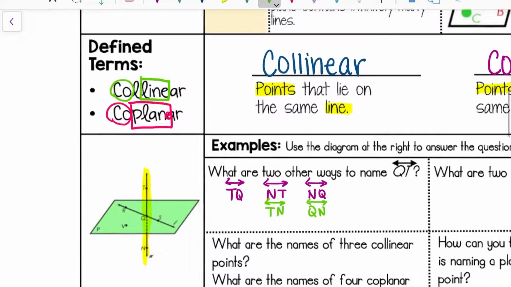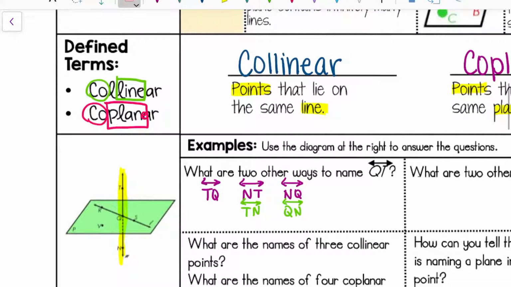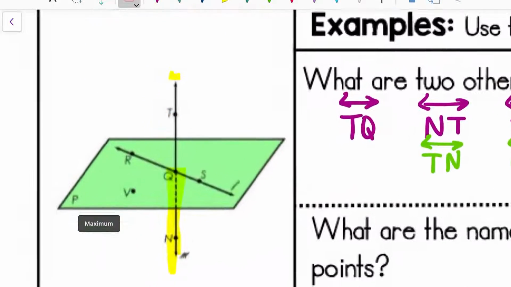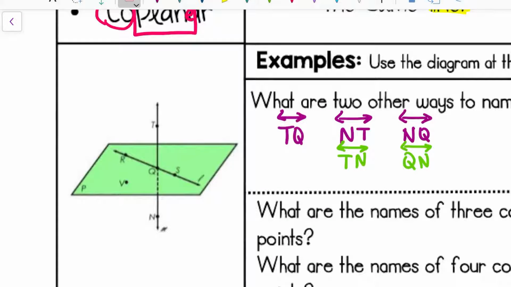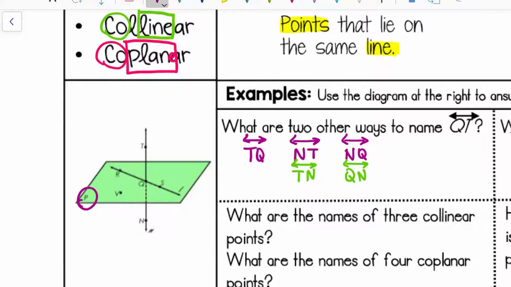Okay. So what are 2 other ways to name plane P? Well, they used plane P here. It was the letter in the corner right here, and it has no point associated with it, so therefore you know that is plane P. Now we can use any 3 points that are not on the same line.